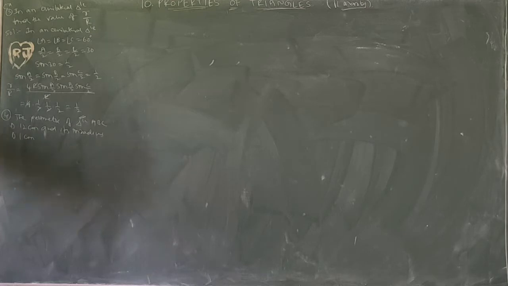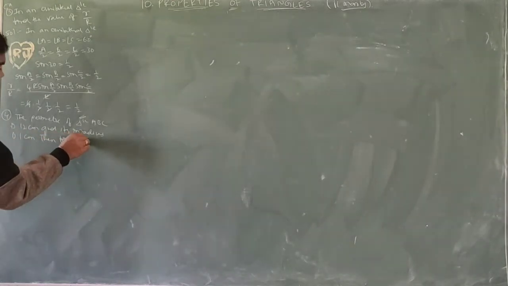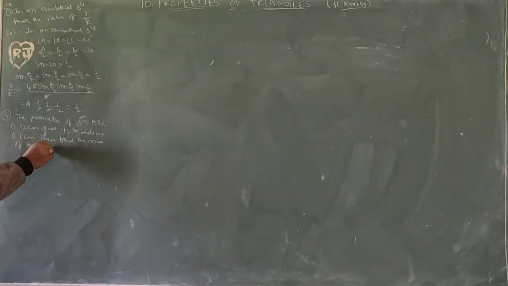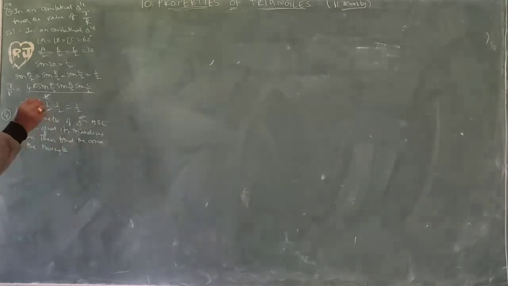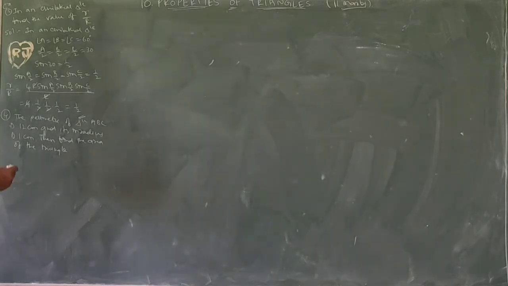Then find the area of the triangle. So here perimeter and inradius are given, and we need to find out the area.